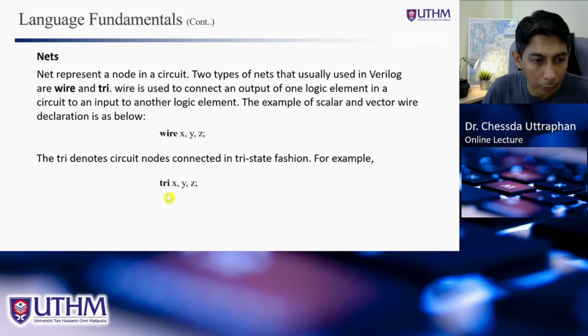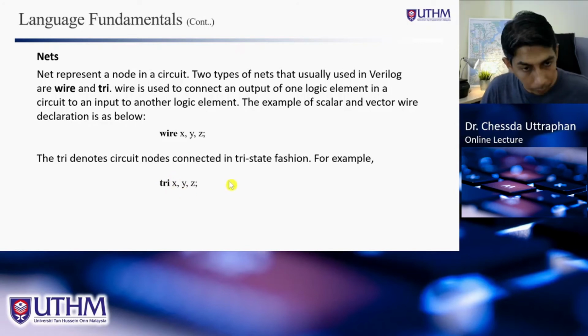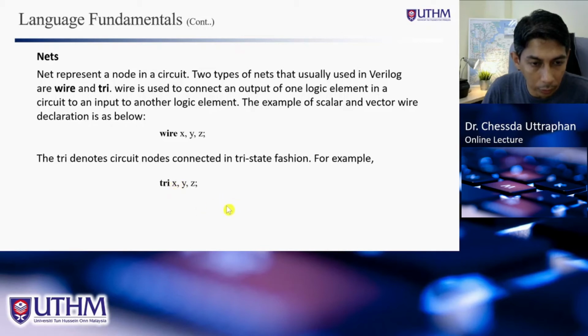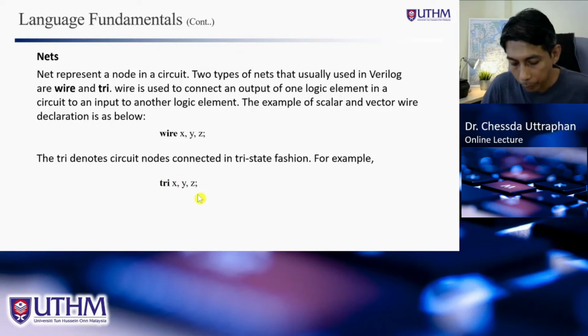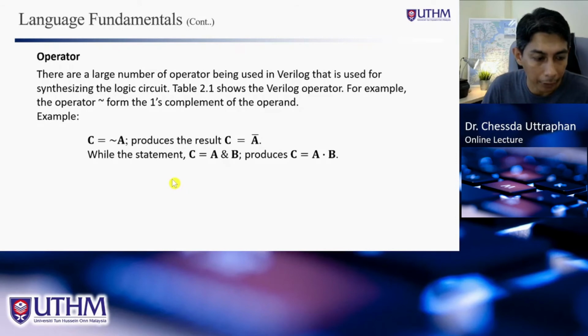And we have another one, tri. Tri is the three-state buffer, where, for example, X, we don't want to connect to anything, or floating, so we can use tri. In the design later on, we rarely use this tri, but sometimes you may need it, right? Depending on the design.